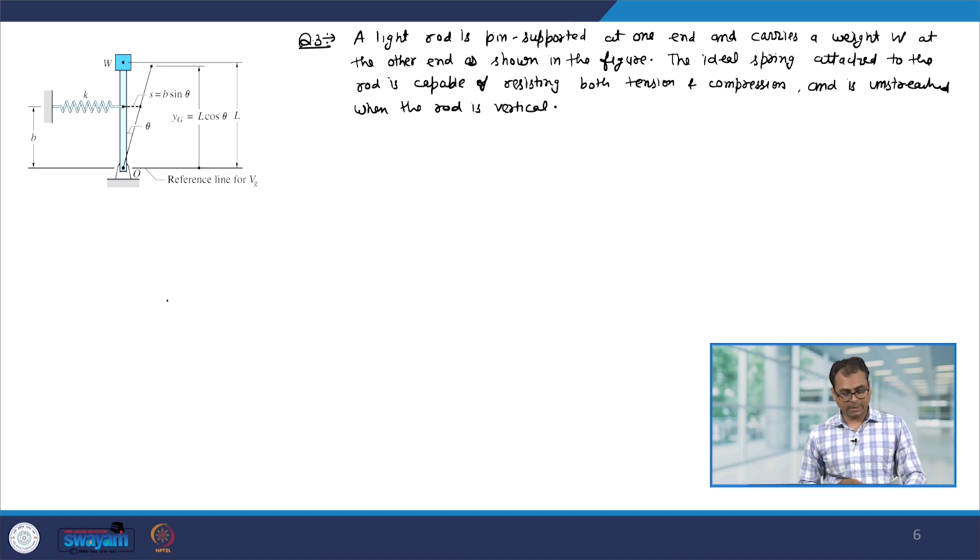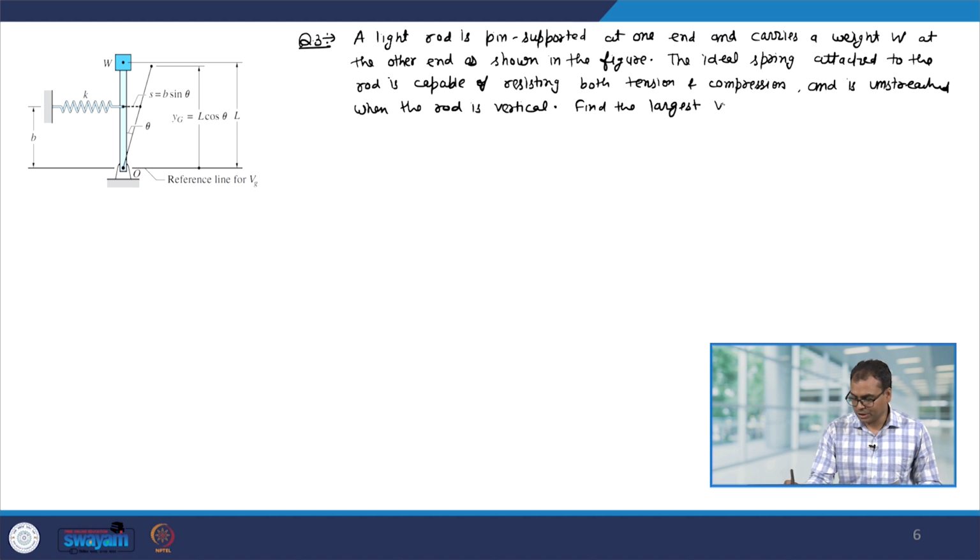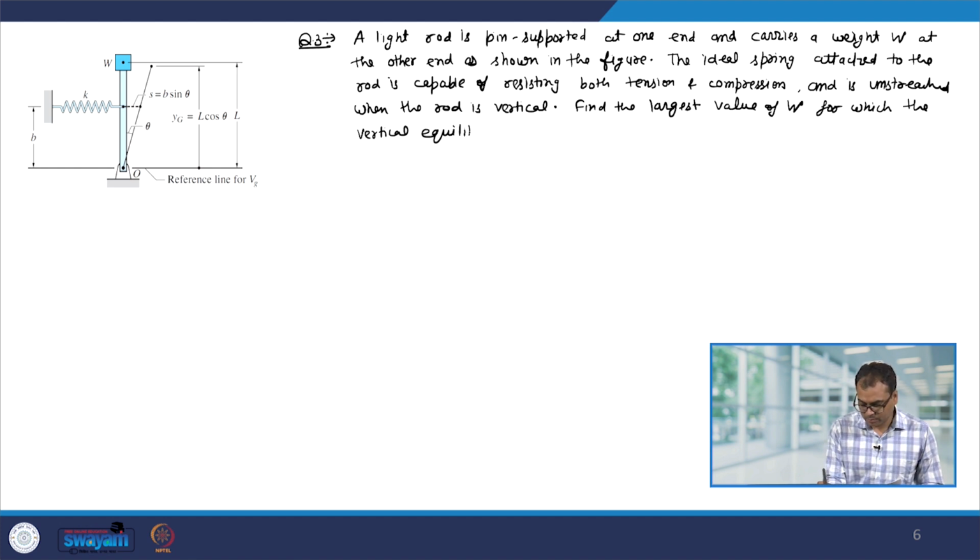In the question statement, it has asked you to find out the largest value of W for which the vertical equilibrium position of the rod would be stable.